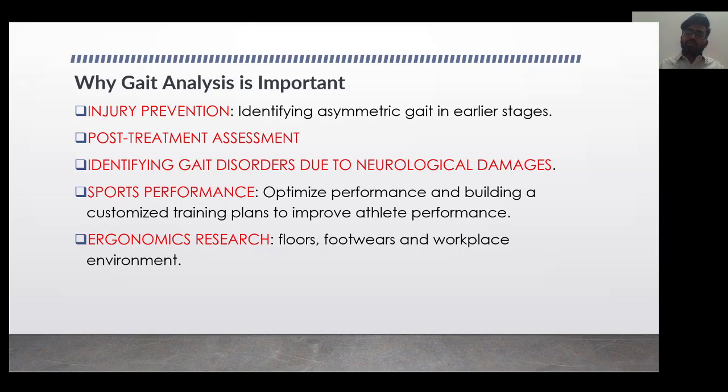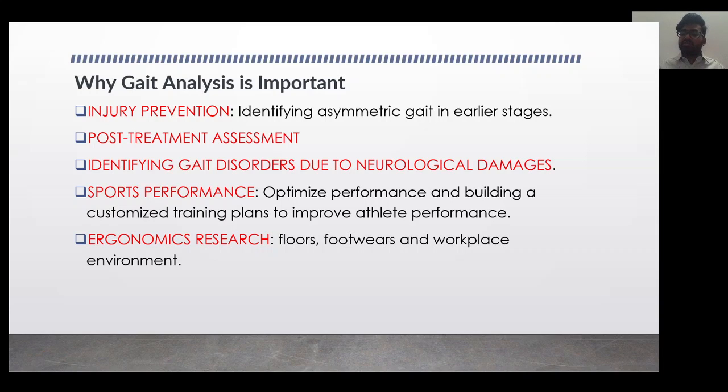For sports performance, when you are doing gait analysis, we are able to optimize a particular performance. Gait is not just about movement, because we are just looking at walking, but we also analyze what angles are there, for example, knee angle and ankle angle, which tend to vary. So we can compare the results of two different athletes.